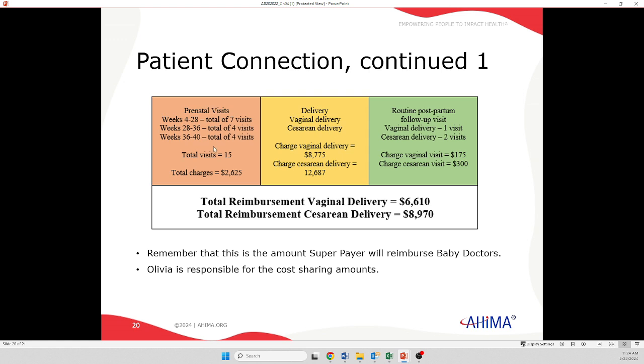So they've done all the prenatal visits. Now, I will say this, the contract is going to determine how many prenatal visits and the charges. There's the delivery. There's the postpartum follow-up. Different vaginal versus cesarean. Remember that amount is the super payer amount. That's how much they're going to reimburse.